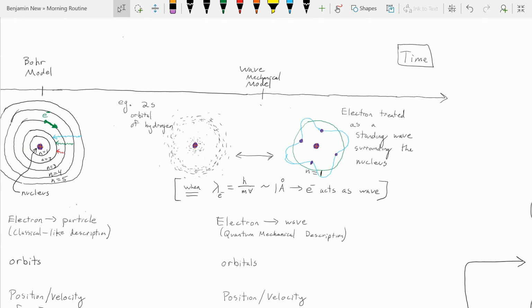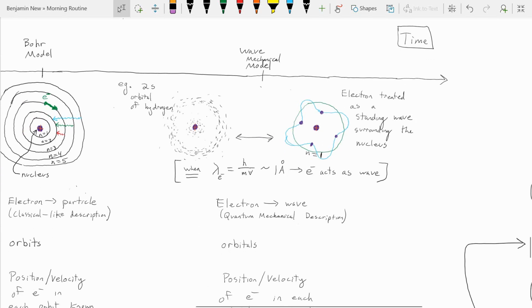Now, the electron, since it was treated as a wave, they thought of it this way. At a specific Bohr type orbit, which is represented by the green circle with n equals 1, we're treating the electron as a wave instead, and more particularly as a standing wave, which means it's not going to change positions with time. The constraint here is that as you go around this green circle, you have to have integer numbers of half wavelengths of the wave that represents the electron.